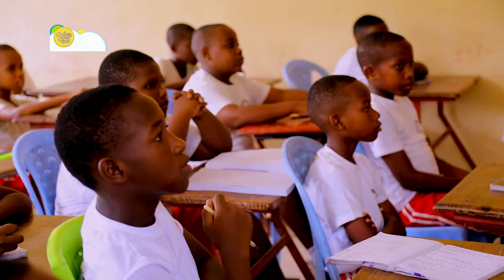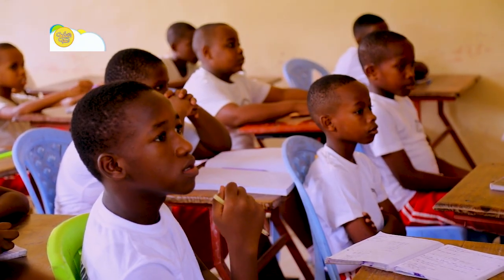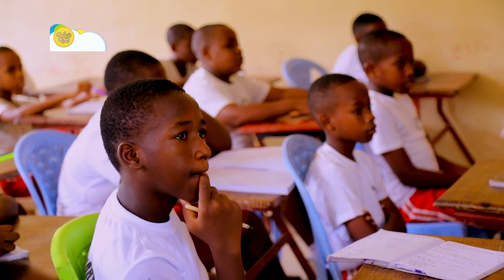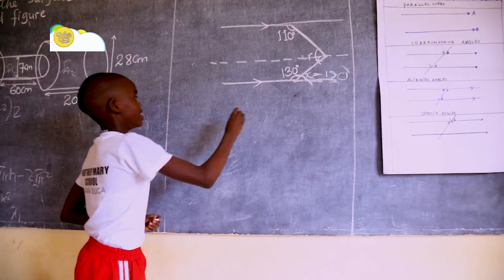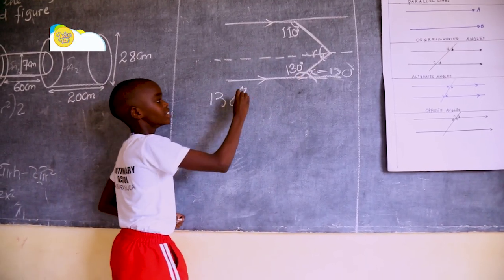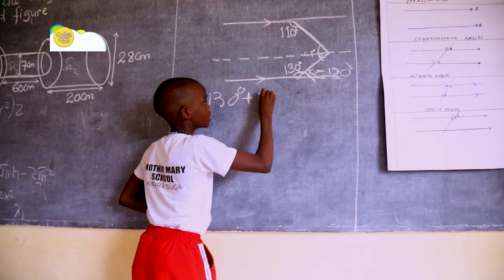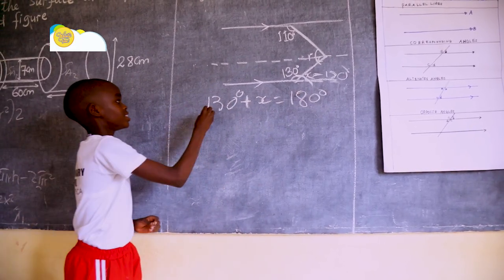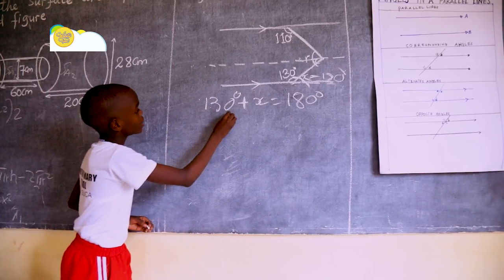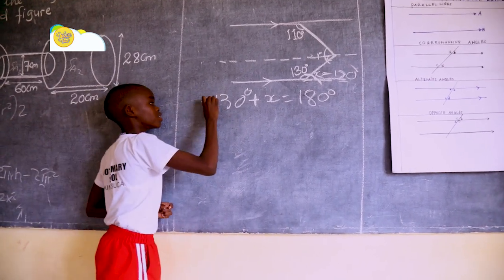Remember that the sum of angles on a straight line is equal to 180 degrees. So let's take our letter to be x. 130 degrees plus x is equal to 180 degrees. Here, this 130 degrees has a positive sign.